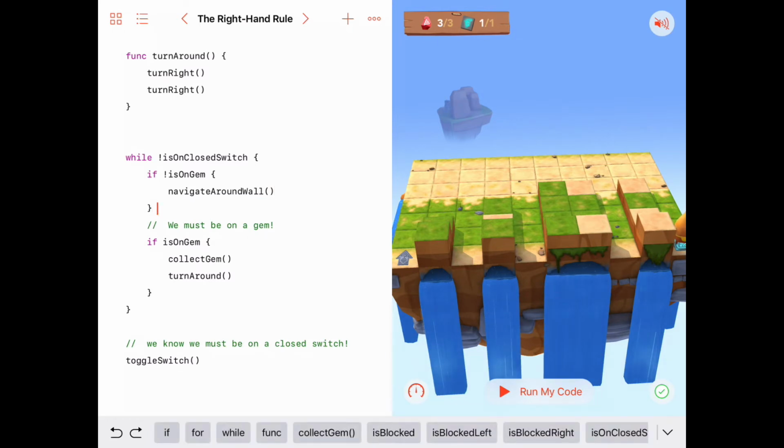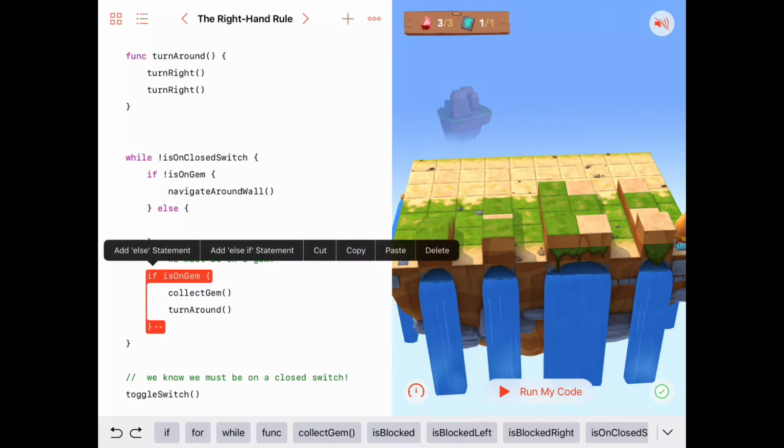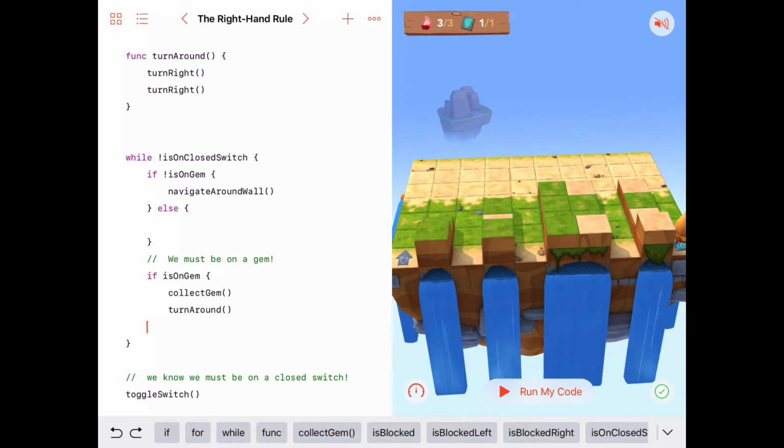Okay? If we are on a gem, though, then we already know what we want to do, and that's this stuff in here. We must be on a gem, so turn around and collect that gem. Okay? So let's go ahead and move this code up into there.